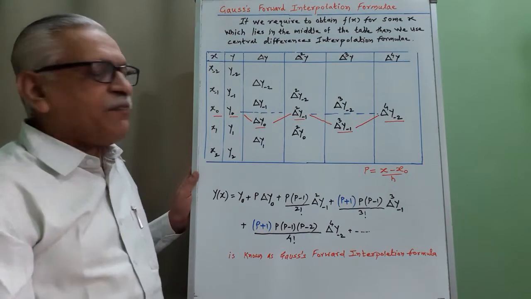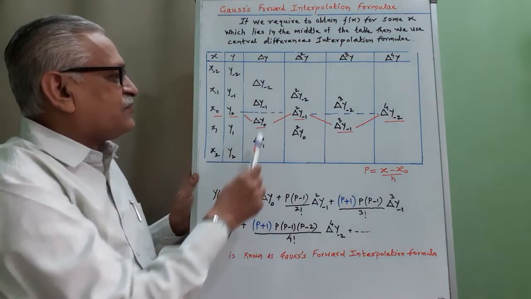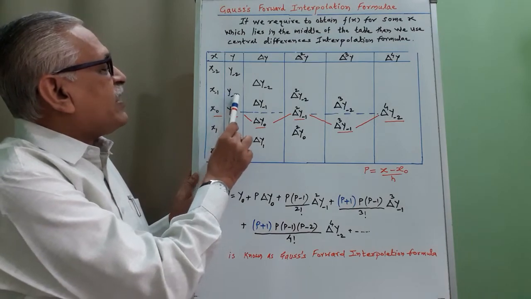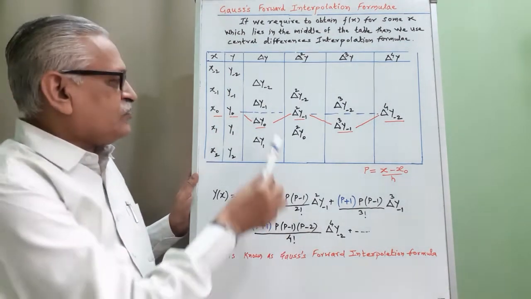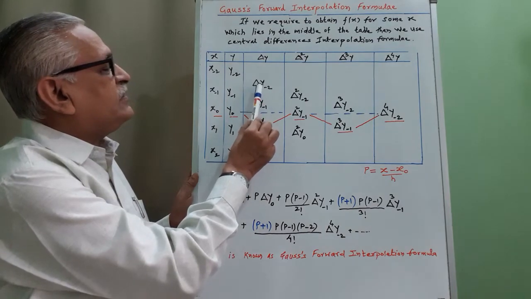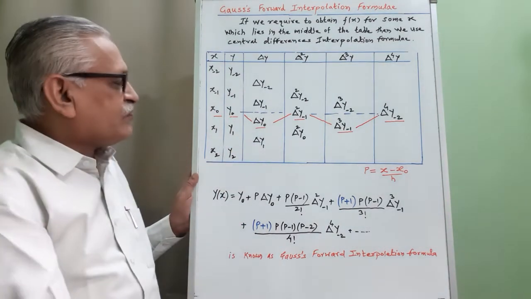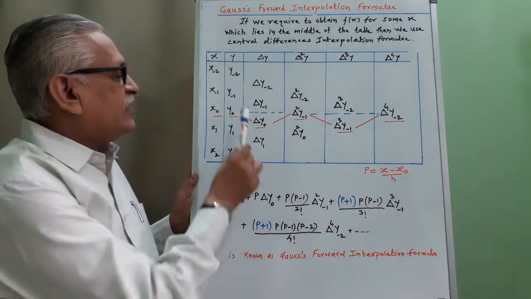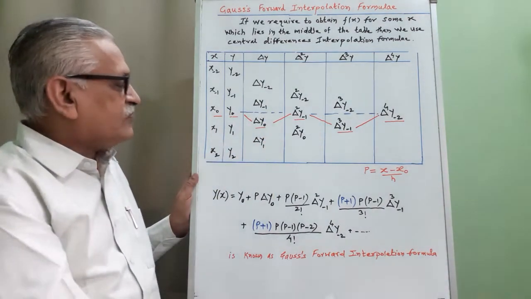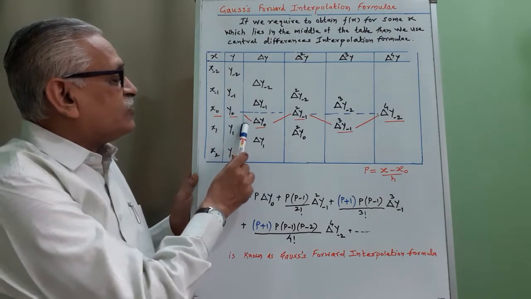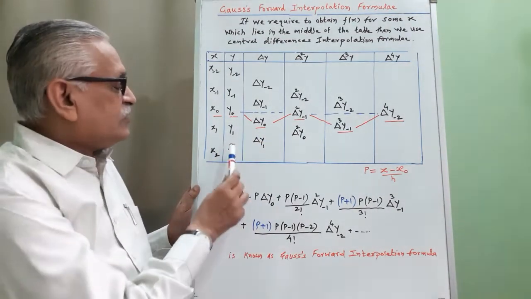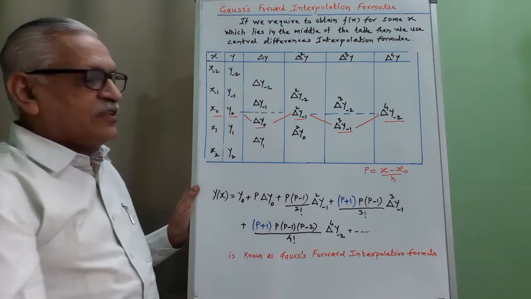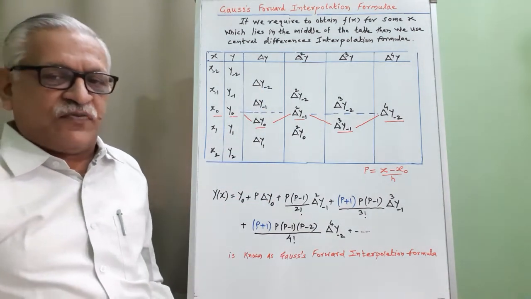Then we find the first forward differences as y minus 1 minus y minus 2, that is nothing but del y minus 2. Then y0 minus y minus 1 is del y minus 1, y1 minus y0 as del y0, y2 minus y1 as del y1. Therefore, this is the column of first forward difference.